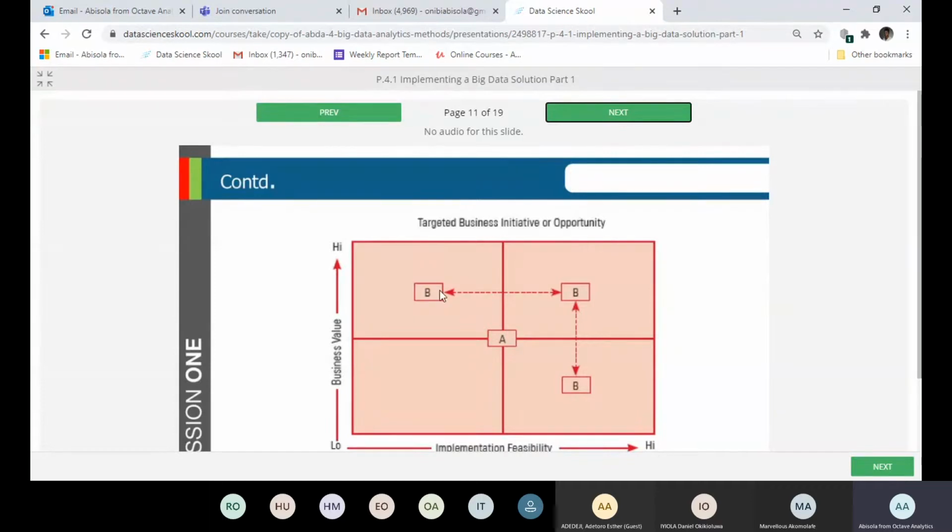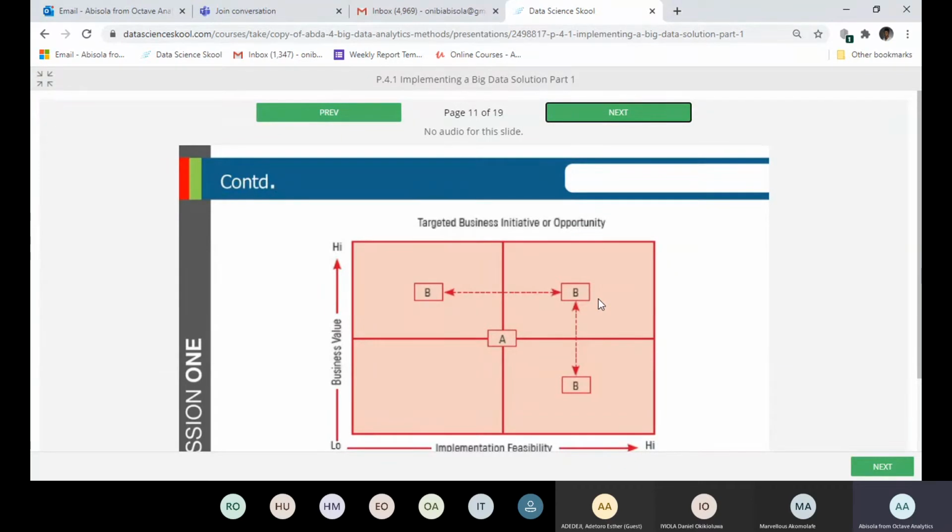This one is low implementation feasibility and high business value. This one is high business value and high implementation feasibility, which means that this is the best use case at this particular point in time. Implementing it is very feasible, and it will also bring good business value to the table.